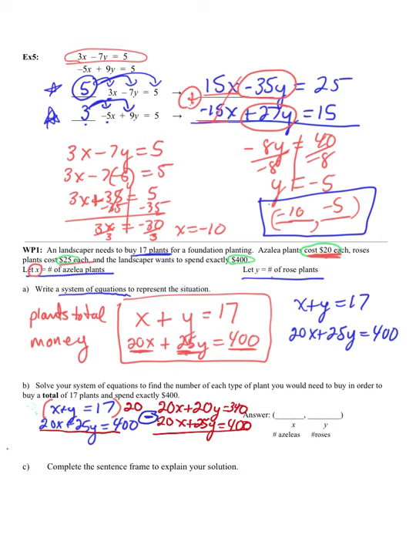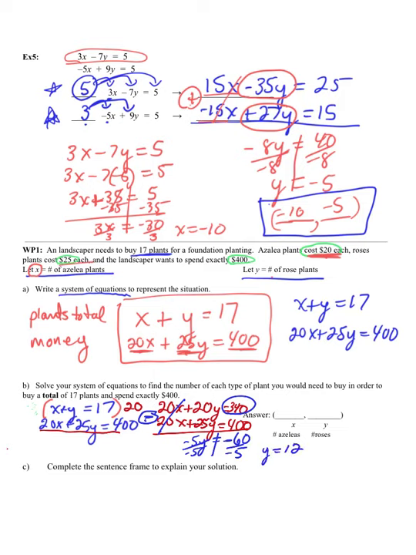So 20x minus 20x is 0. So 20y minus 25y is negative 5y. And then 340 minus 400 is negative 60. So I have a one-step equation and I divide by negative 5. And so I get y is equal to 12.